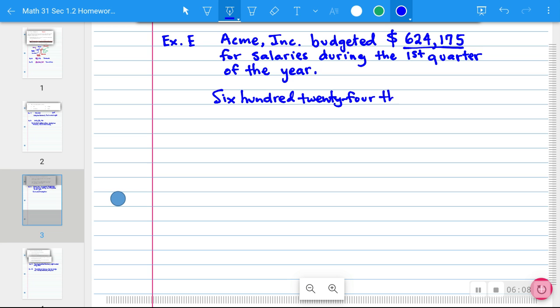And you put the period, thousand, one hundred seventy-five. And you don't put the ones down, you don't say ones. And notice that nowhere in the problem did I use the word and.